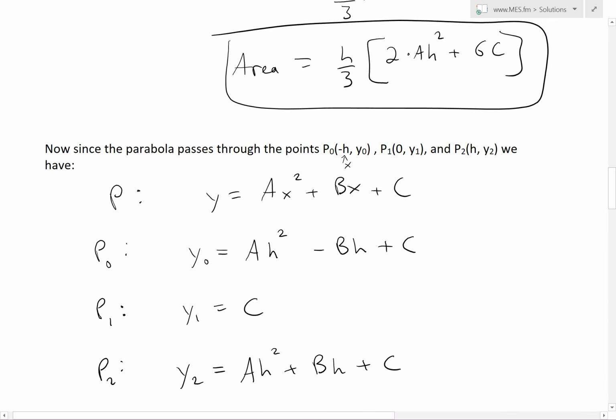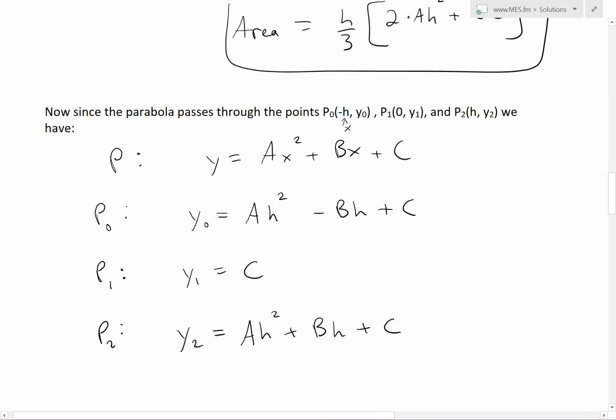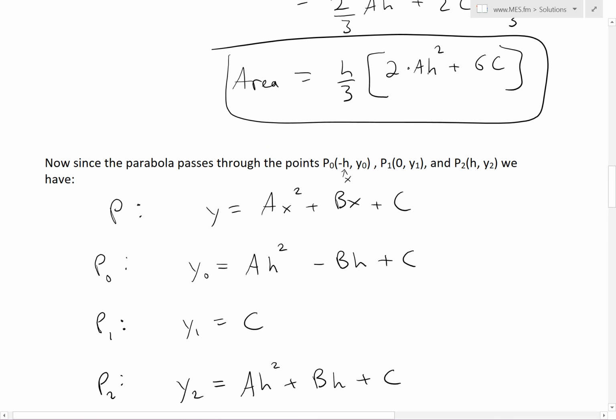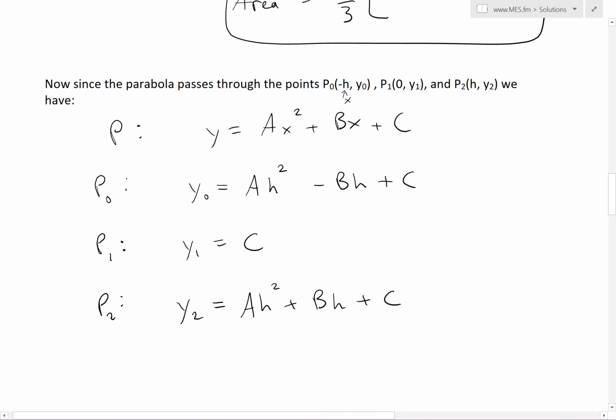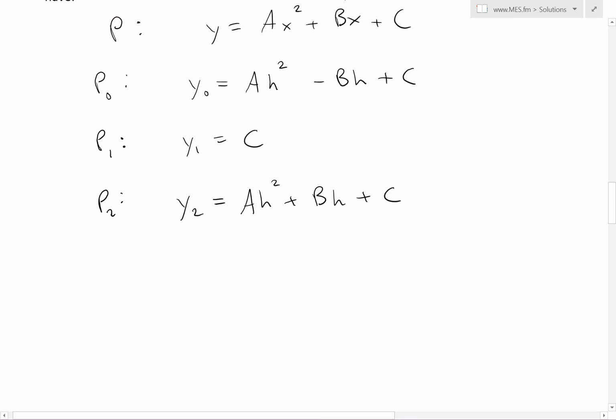Now notice this, if we add up y0 with y1, we get 2ah squared, then the b terms cancel, plus 2c. That's almost identical to this 2ah squared plus 6c. But we have a 2c, so we just multiply this y1 by 4.